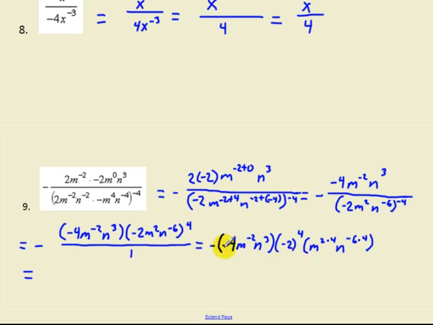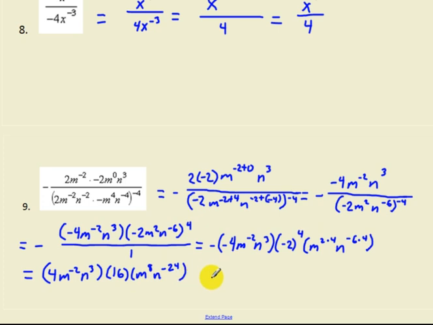We have a negative times a negative, so this is going to be a positive 4 m to the negative 2 n cubed times 16. Negative 2 times negative 2 is a positive 4, times negative 2 is negative 8, times negative 2 is a positive 16. And then we have m to the 8th and n to the negative 24.